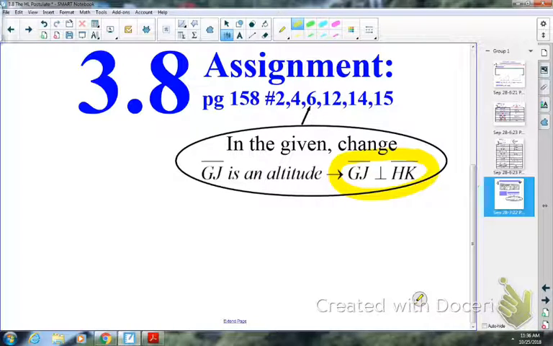Change that to segment GJ is perpendicular to segment HK. Because we haven't done any proofs where we start with the fact that it's an altitude. Everybody understand what I'm saying? So on number 6, in your homework assignment, it's in the book, where it says GJ is an altitude, you're going to change it to segment GJ is perpendicular to segment HK, because we haven't actually started off saying any of them were an altitude. Okay? Question?